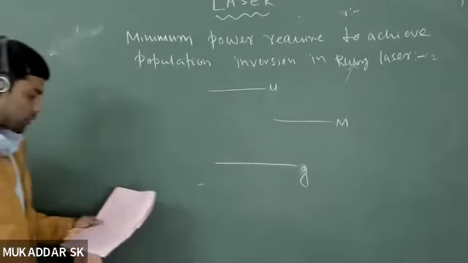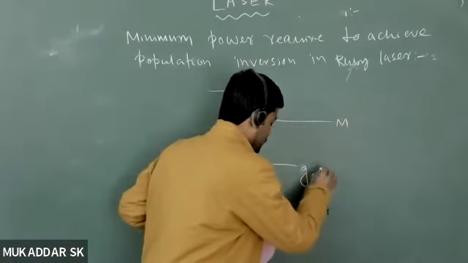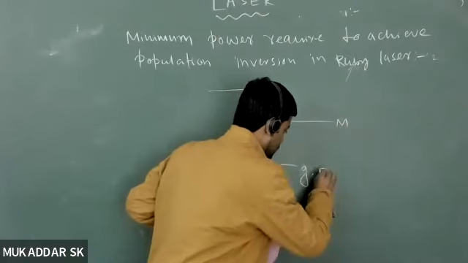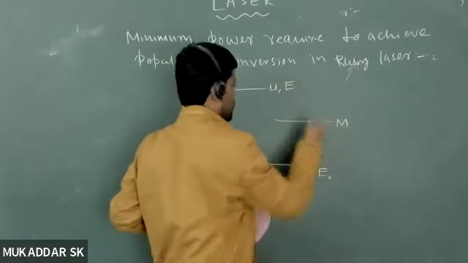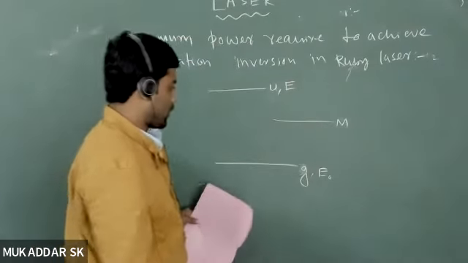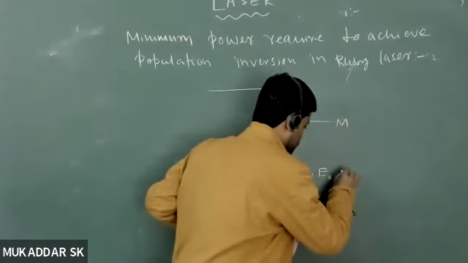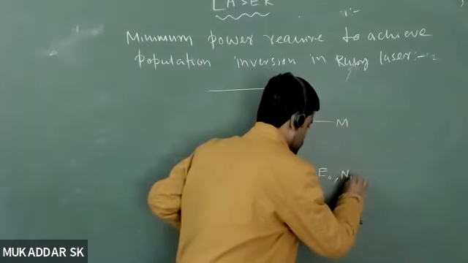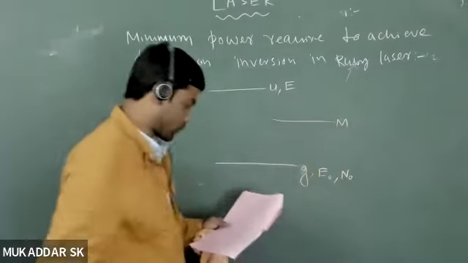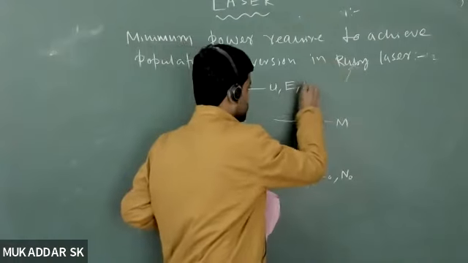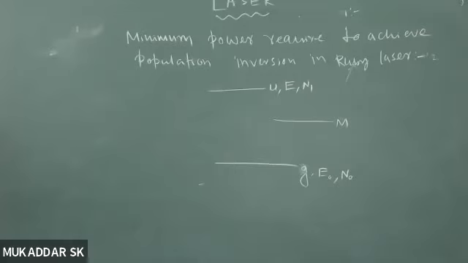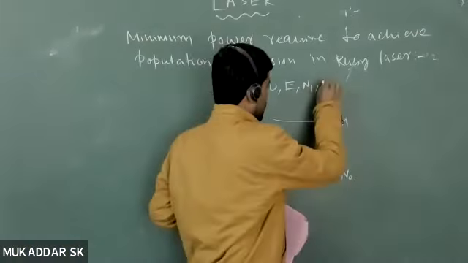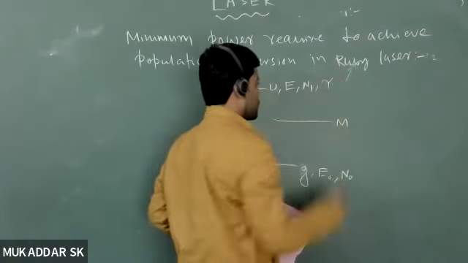Let us assume that this energy level is having energy E0 and upper state, let us assume energy E. And number of population of this ground state, let us assume that is N0. And number of atoms here N1. And also let us assume that lifetime of this upper state is tau.